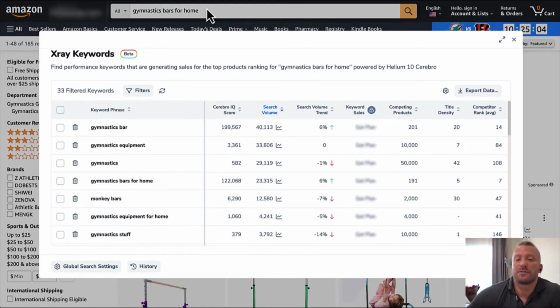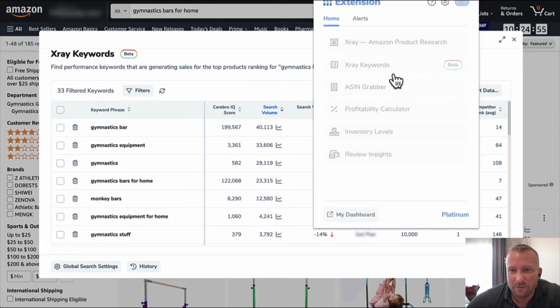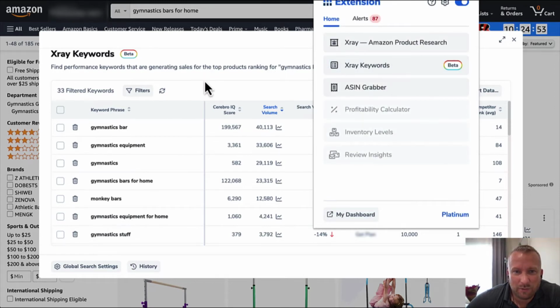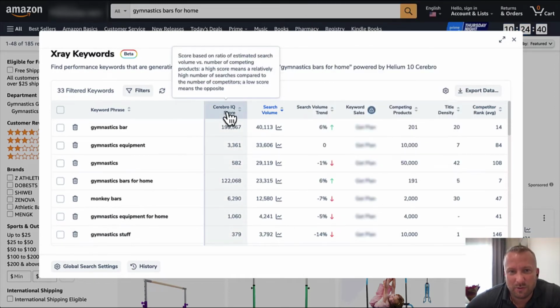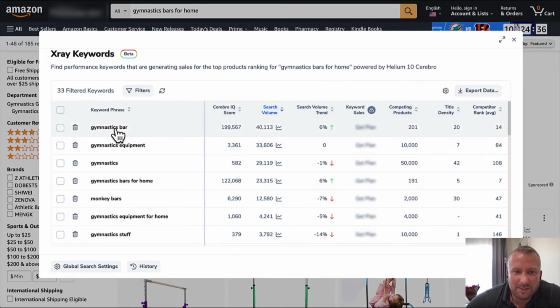The second thing you can do to validate that keyword better, or maybe even find a better version of it, is to open Xray Keywords from the same plugin. You can see the IQ score, which is the correlation between search volume and competing products. Gymnastic bar is a really good keyword because it has really high search volume and only 200 competing products.